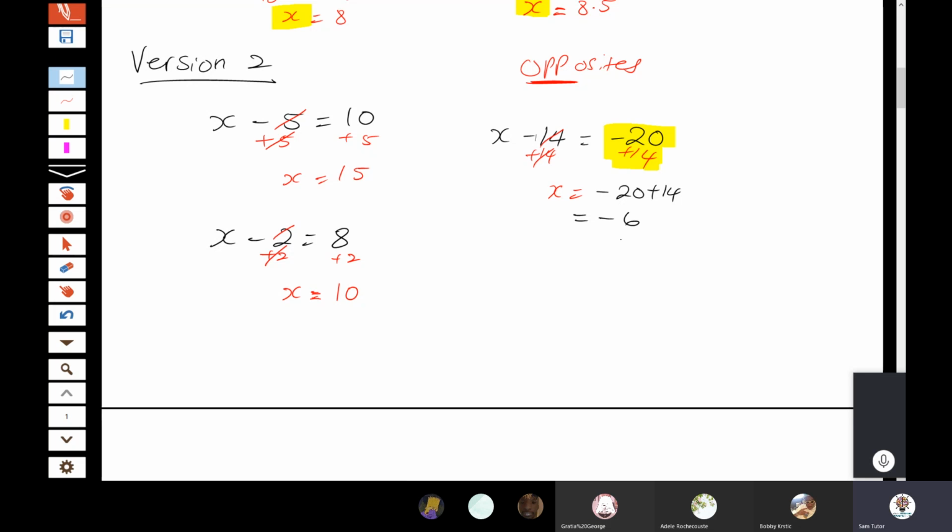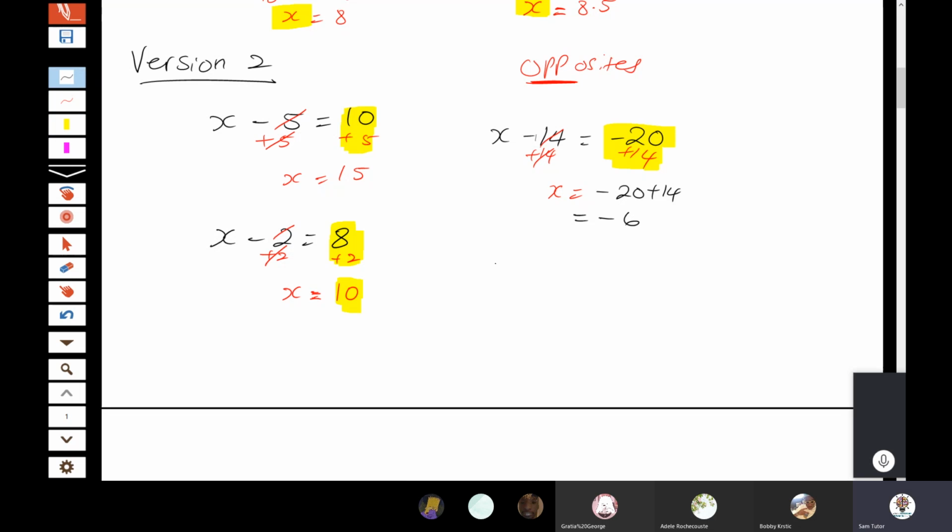Do you understand that, Bobby? Yeah, you sure? Do you understand why X equals negative 20 plus 14? Because that's what you've got left here, not just 14, or negative 14. It doesn't work like that. Same as this. 10 plus 5 is 15. 8 plus 2 is 10.